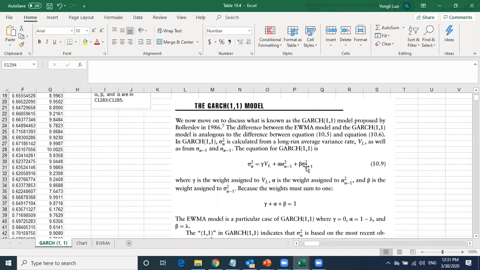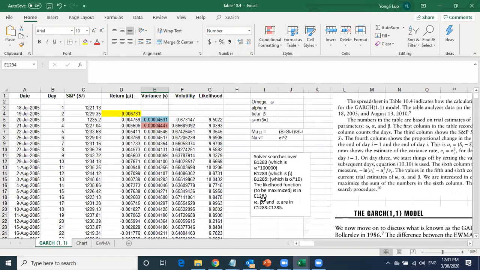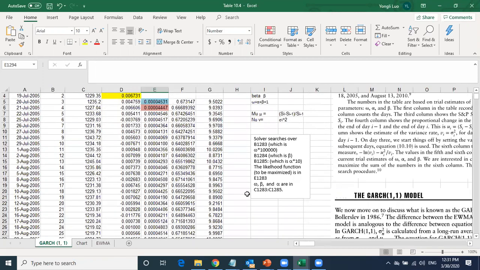Basically, the GARCH model says the variance is not equally weighted. In 10.3 and 10.2, we gave equal weight to all the previous days' returns and variance. The GARCH model says the price is more affected by the most recent volatility than by past volatility.